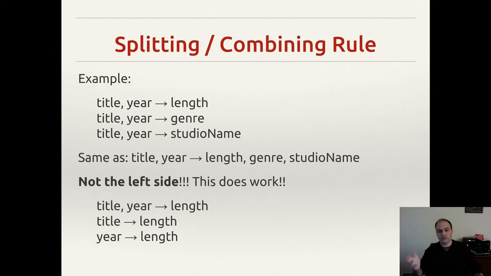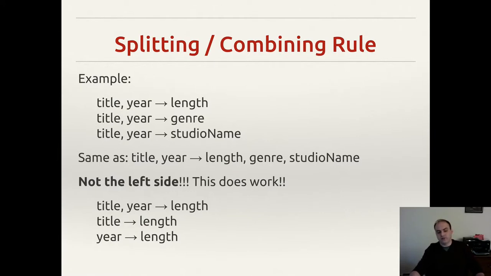So this is not a valid functional dependency. And the second one here illustrates that even better, because this one would imply that every movie made in the same year was the same length, and we absolutely know that's not true, right? So that one is blatantly obvious.